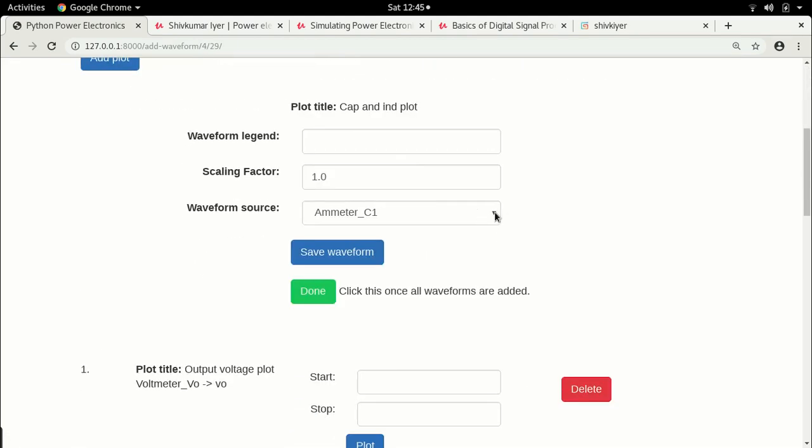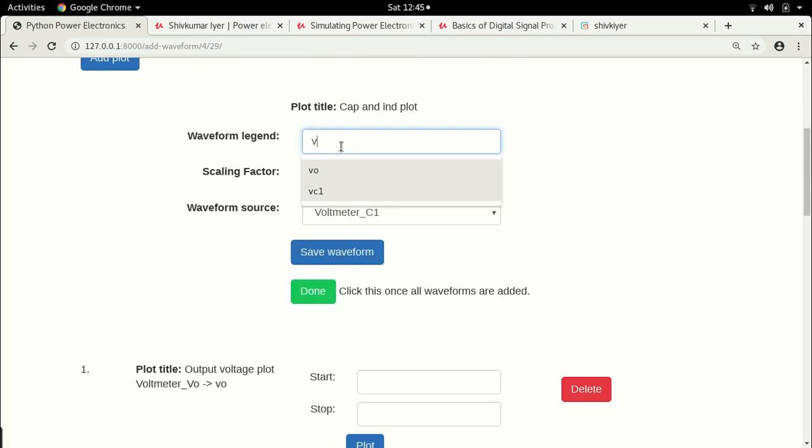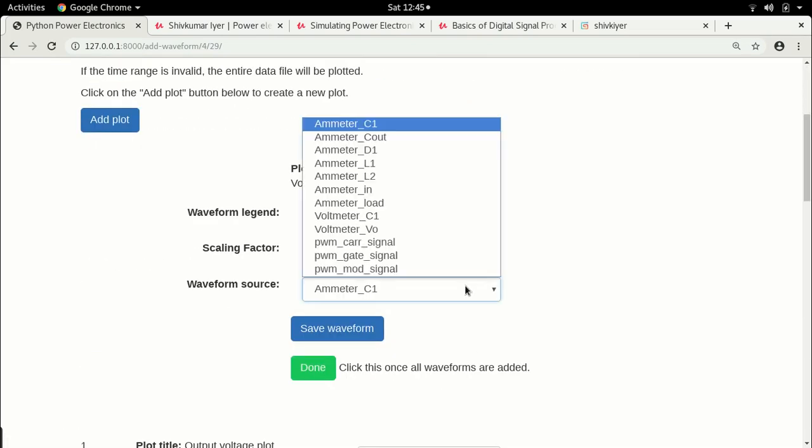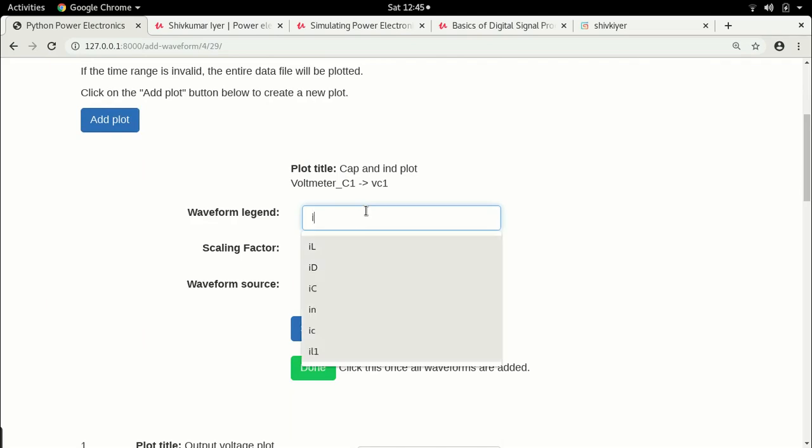And in this, what we're going to do, we will plot the voltage across this inductor in this decoupling capacitor, and we will plot the currents through the diode, or rather through the inductor, sorry.